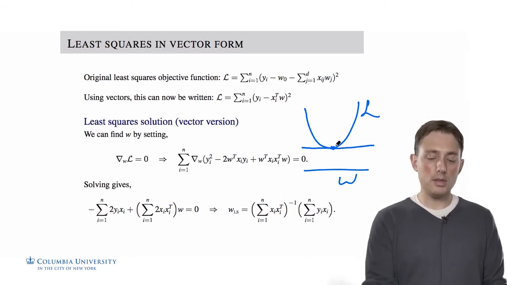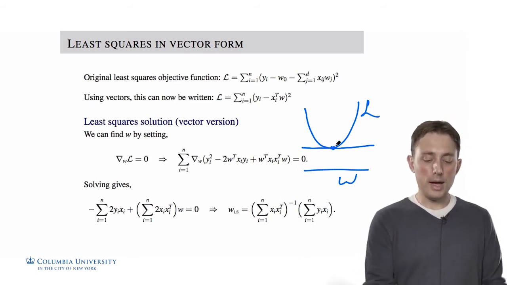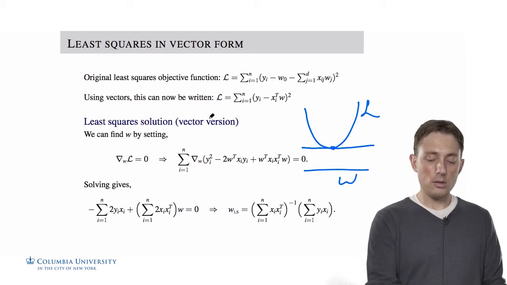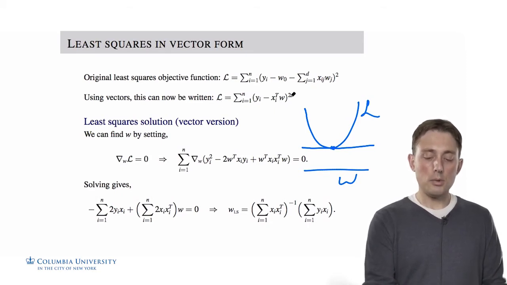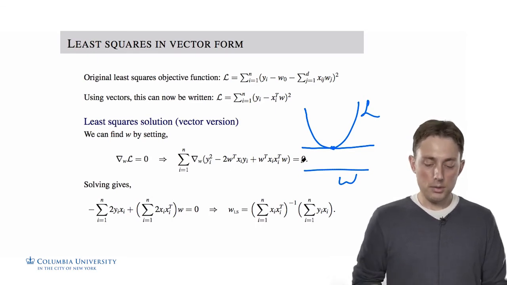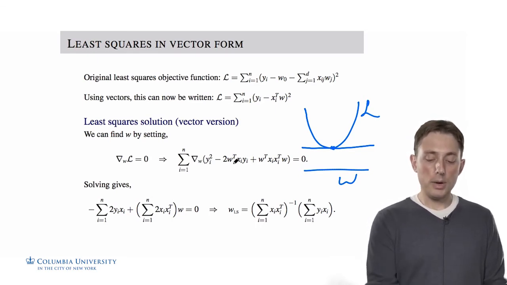So we take the gradient of the objective function. We find that the gradient of L is just the sum of the gradients of each observation and set that equal to 0. When we take the gradient, we remember that the gradient of this function here is equal to this.